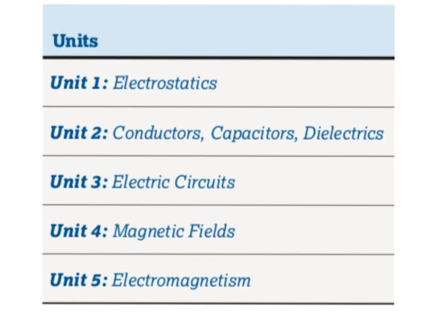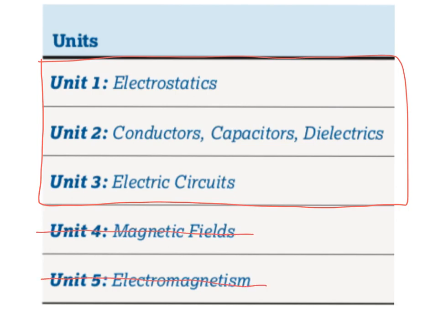All right, now this one does make me a little sad. They said we're doing for electricity and magnetism basically just the electricity part. Oh, so no magnetic fields and no electromagnetism.